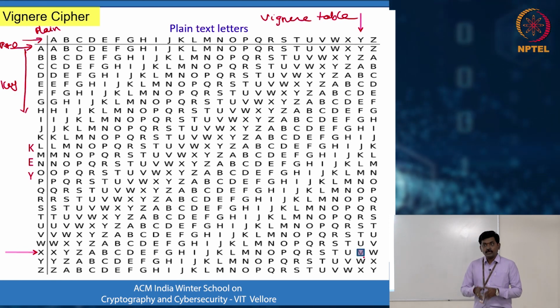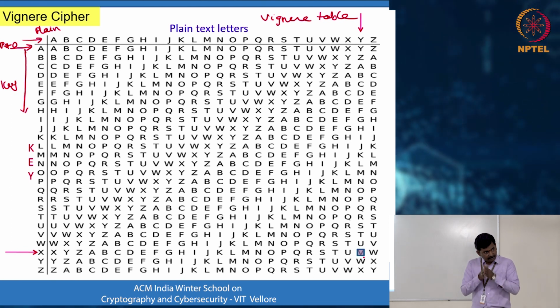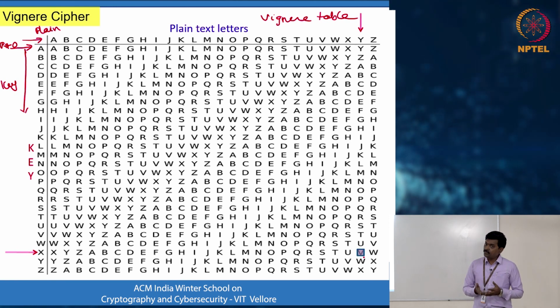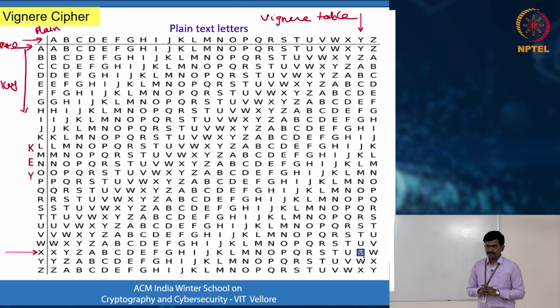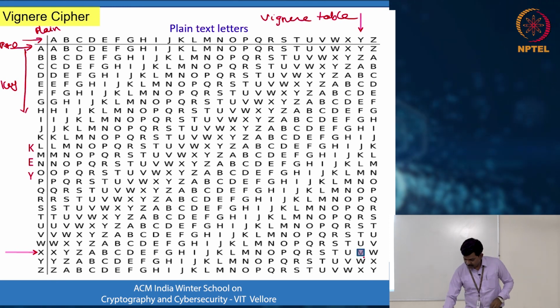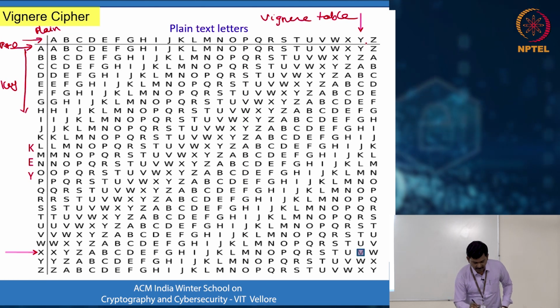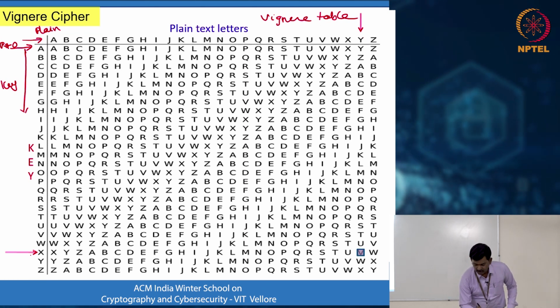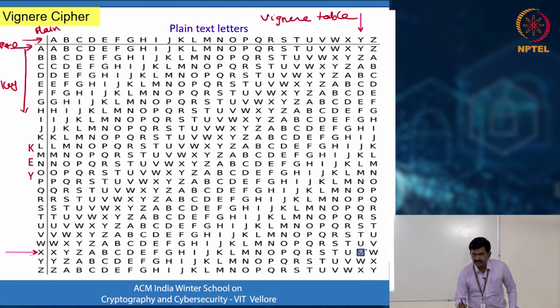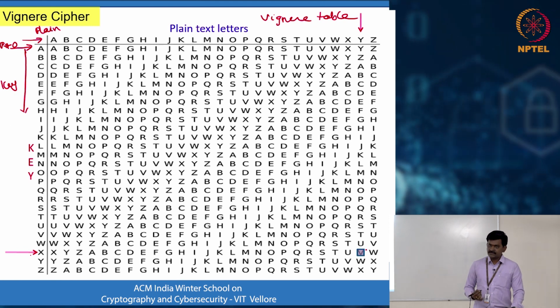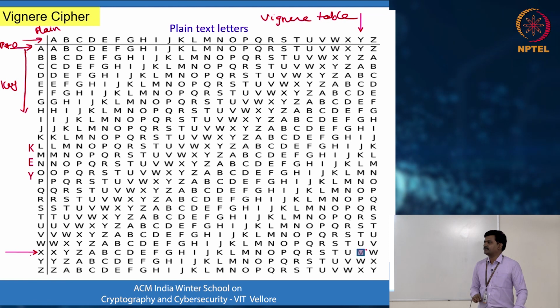The reason is you take every alphabet of the plain text and map it with a key alphabet. Because you see what I did here? I took an alphabet of plain text and the corresponding key alphabet produces the corresponding cipher alphabet. So it's a stream.